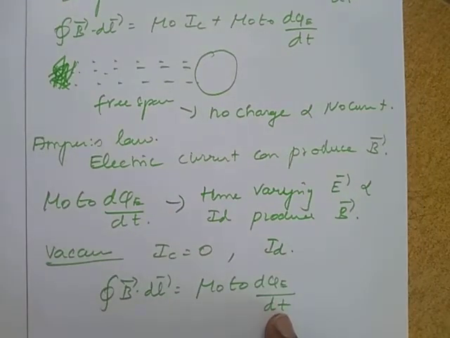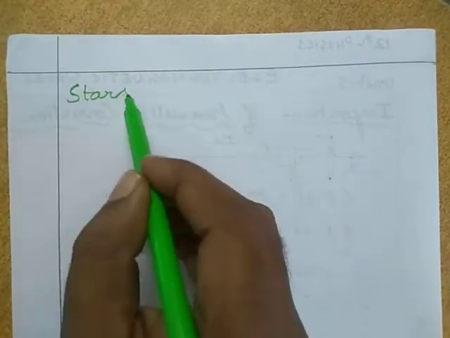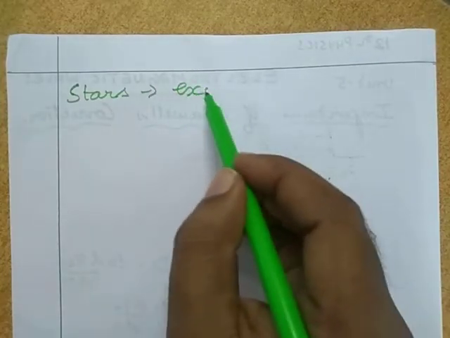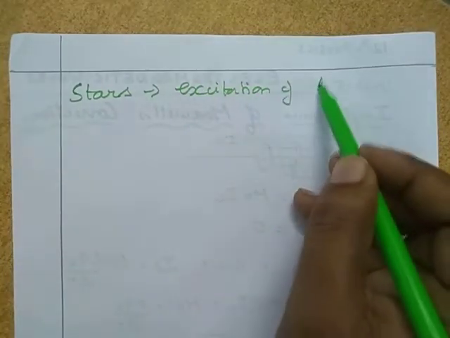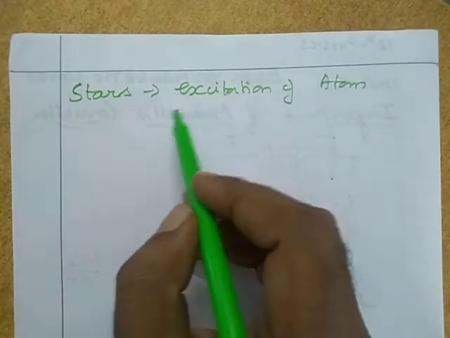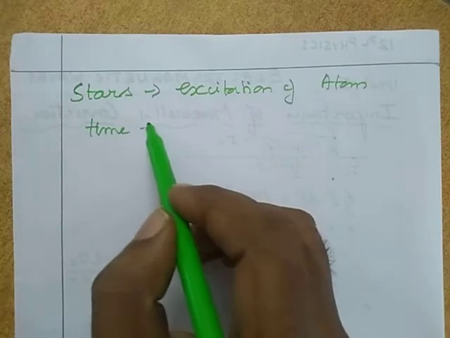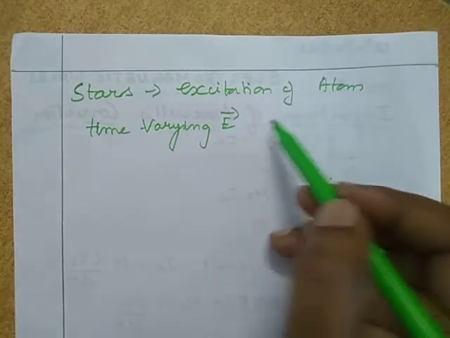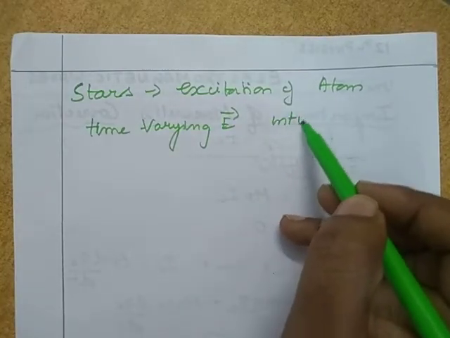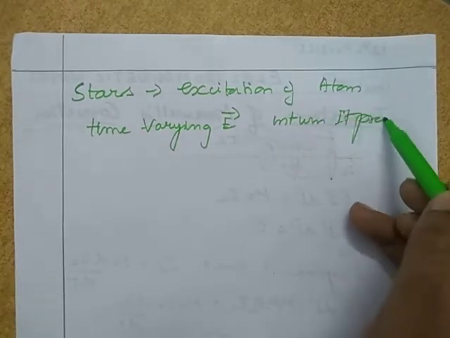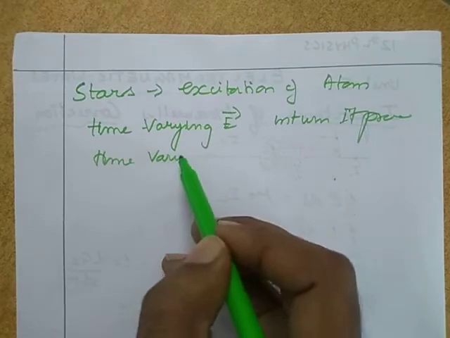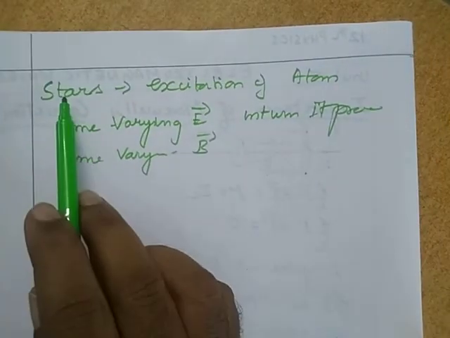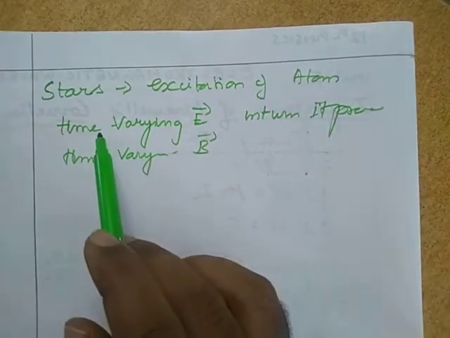We know that in stars, due to the excitation of atoms, a time varying electric field is produced, which in turn produces a time varying magnetic field. In stars, due to the excitation of atoms, it produces a time varying electric field.